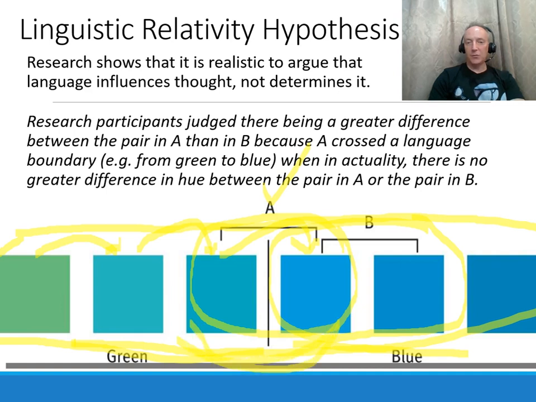They're going from green to blue, when in actuality there's no difference between the pair in A or the pair in B. But having a difference in language influences how we think.